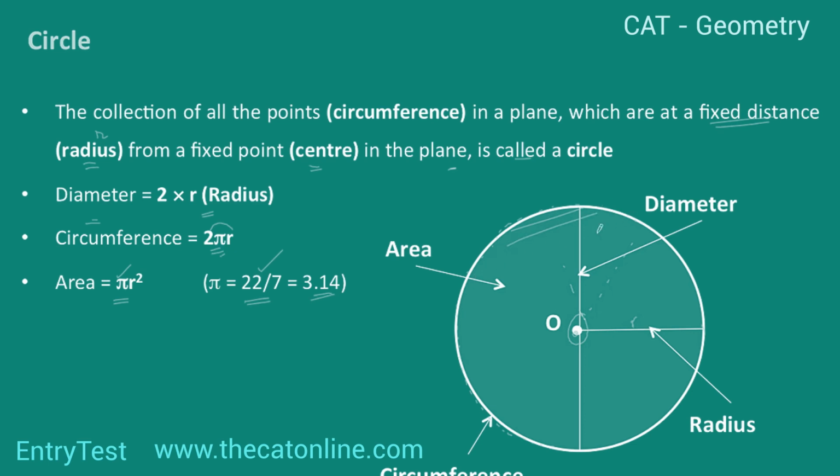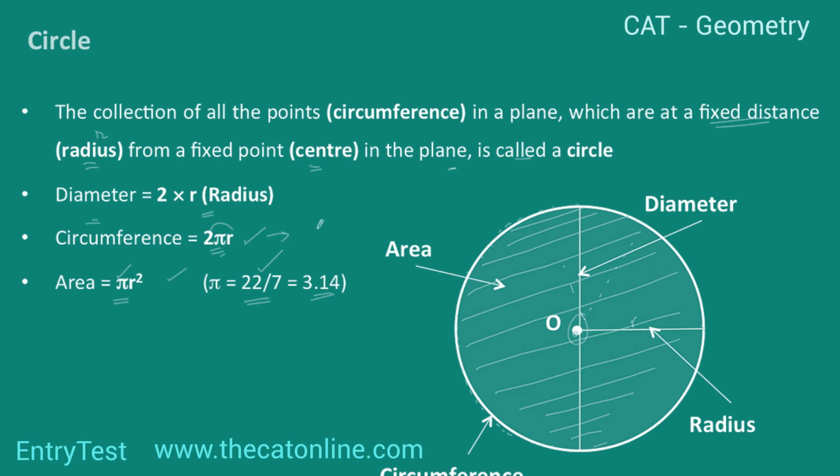Now the area is this complete area which is inside the circumference of this circle. So circumference is the length of the perimeter and area is the surface area that you have for this figure. The units for circumference will be the same as the units for radius since pi is a constant.